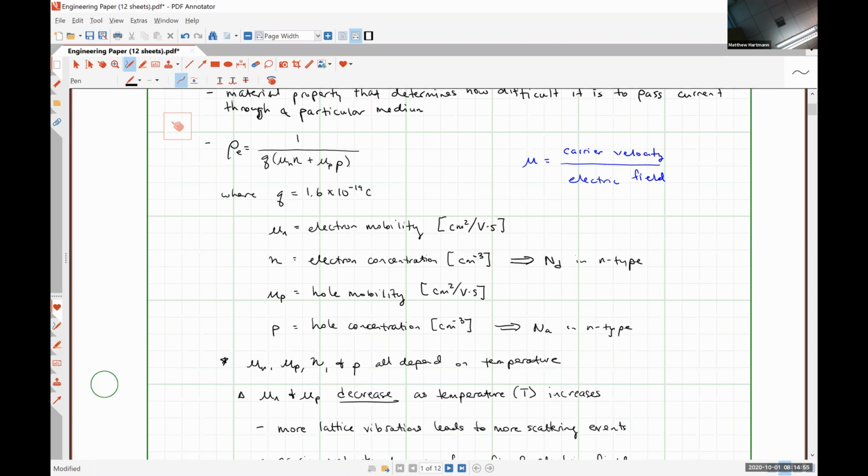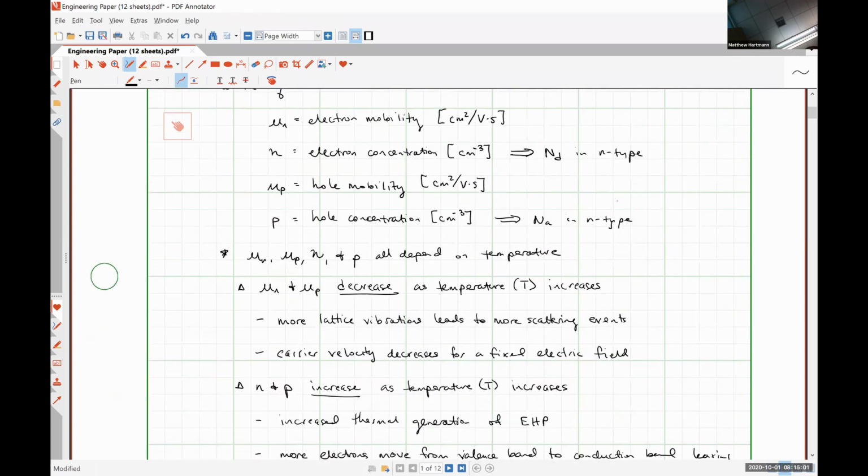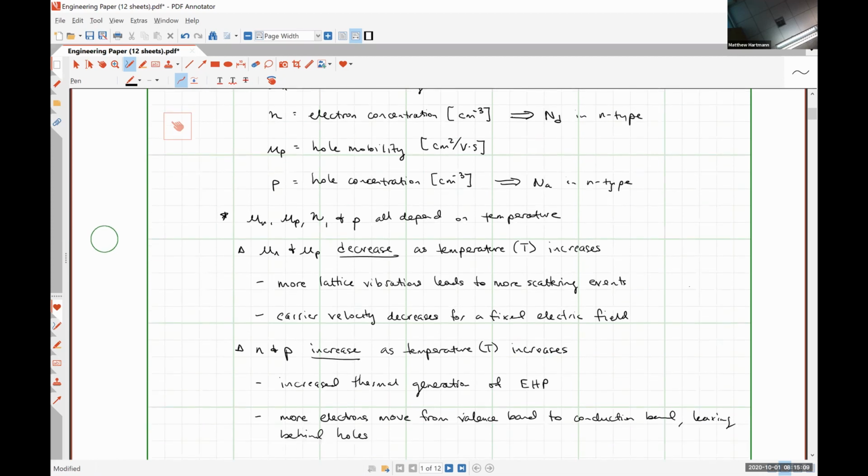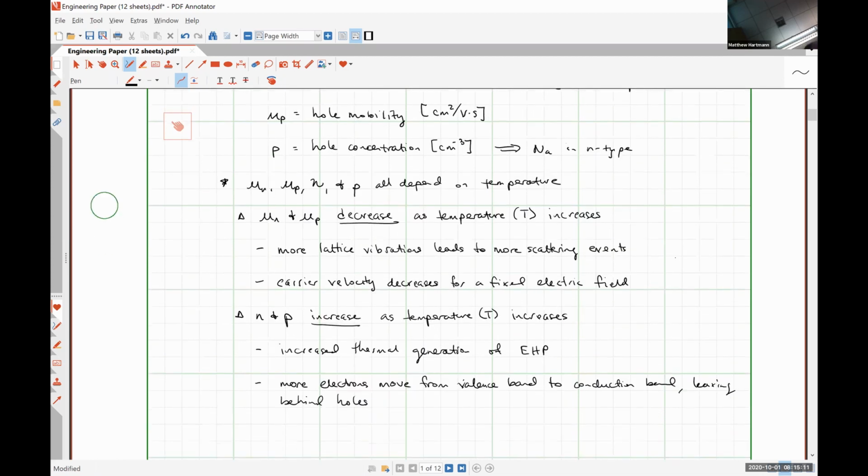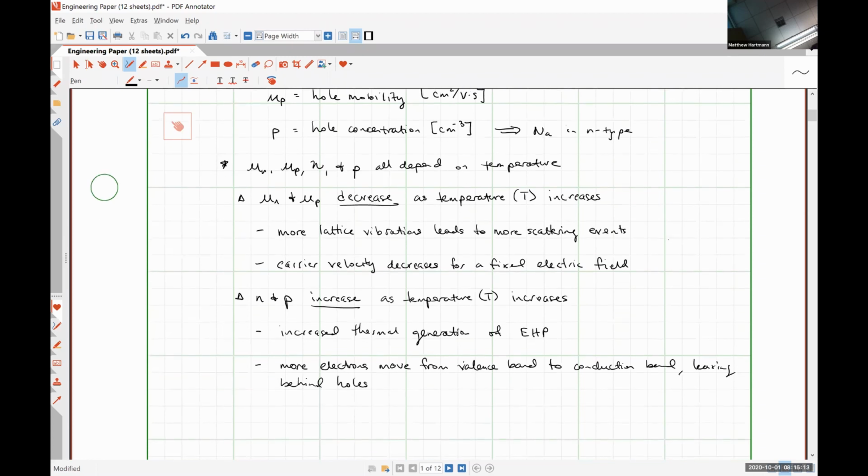And if n or p increase, we should see the same effect. But we have two different phenomena based on temperature, where one causes a value to decrease, which would increase the resistivity, and the other one causes the values to increase, which would decrease the resistivity. So we have to look at which effect is dominant.